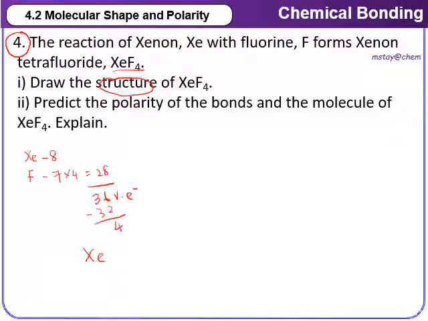So basically, I will know there are 2 lone pair electrons plus 4 bonding pair electrons. The basic shape for this compound is octahedral. With 2 lone pair electrons, the shape for this molecule is square planar.